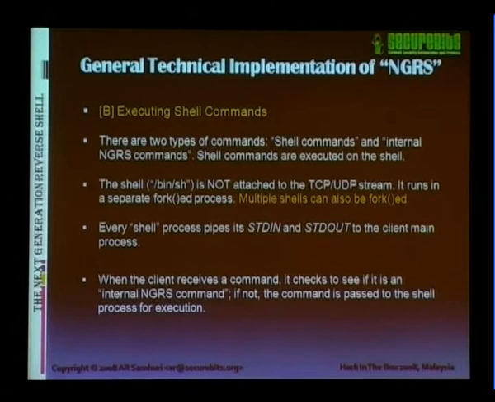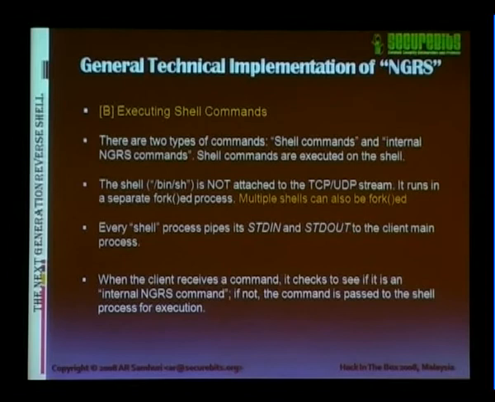However, the way we implement it here with next generation reverse shell is that the shell process runs separately on the client. It's forked on the client, and then it pipes its standard input and output to the main process.